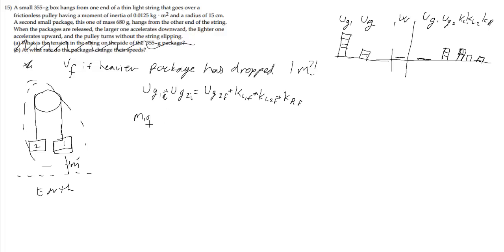We've got m1 g h initial plus m2 g h initial. Notice these h initials are going to be the same, so we can simplify this in a little bit.